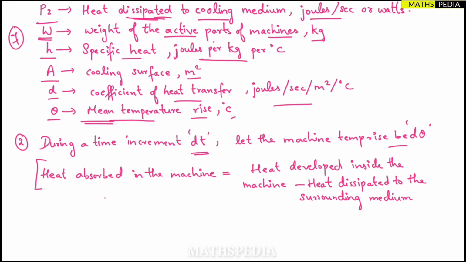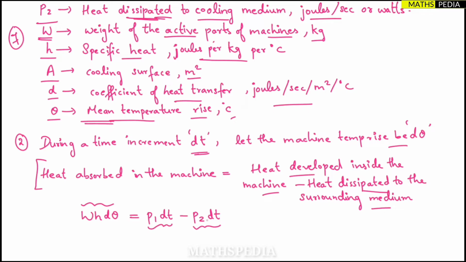Now what is here? Second point, we have heat absorbed in the machine. Okay, in the system it is equal to what? Heat developed inside the machine minus heat dissipated to the surrounding cooling medium. This you have to remember. So how much heat is absorbed in the machine will be equal to heat developed inside the machine minus the heat dissipated to the cooling medium, and it is given by WH d theta equal to P1 dt minus P2 dt. That means this part is the heat absorbed, this is the heat developed in the machine minus heat dissipated to the cooling medium.